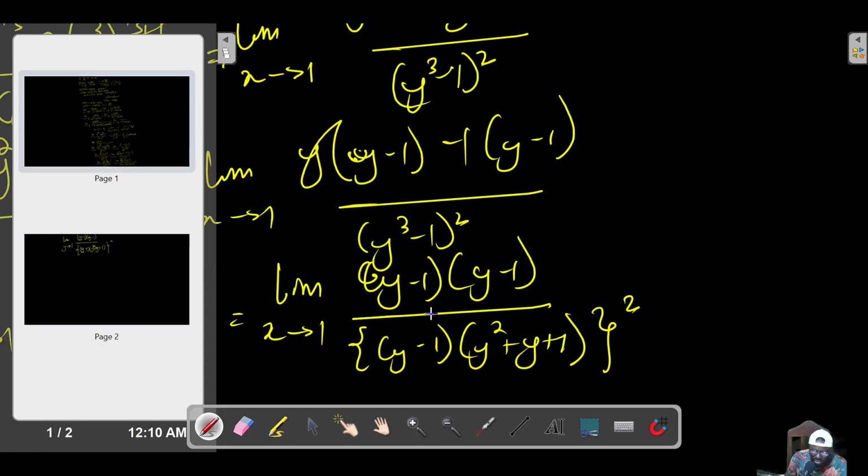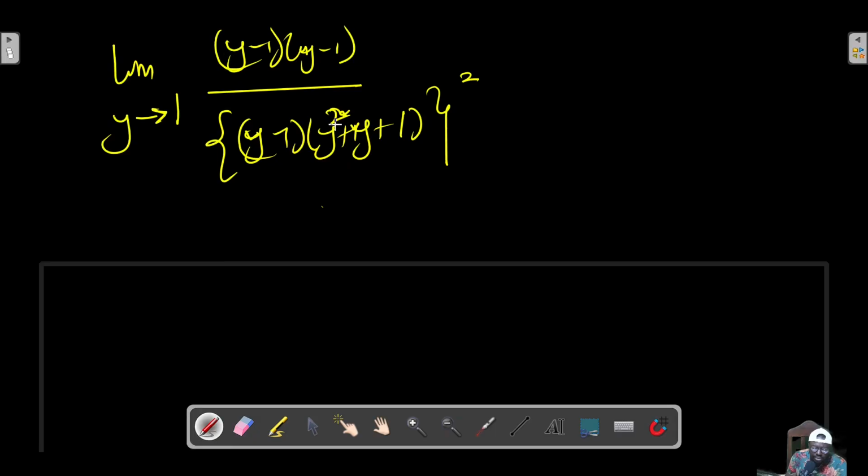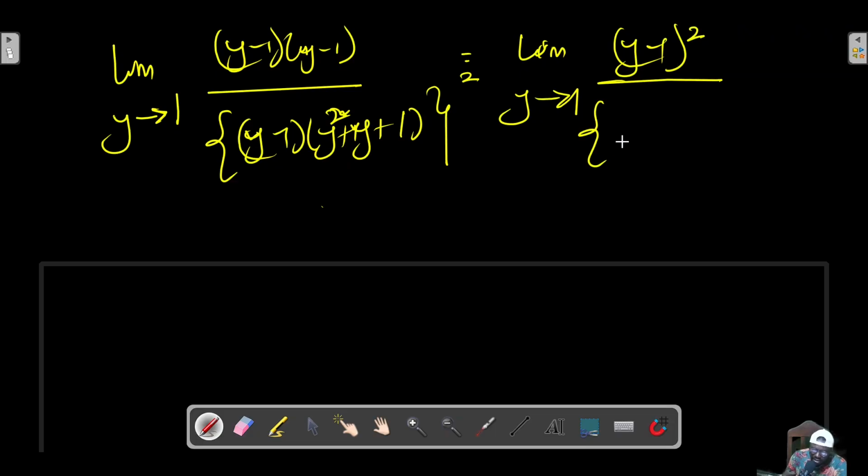Yeah, it was squared. Okay, so we can cancel out some of the terms. So y minus 1, let me write that squared, divided by y minus 1 squared, y squared plus y plus 1 squared.